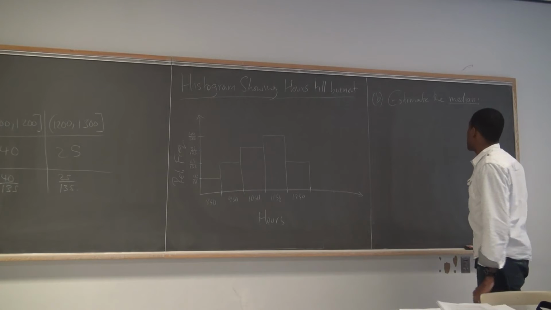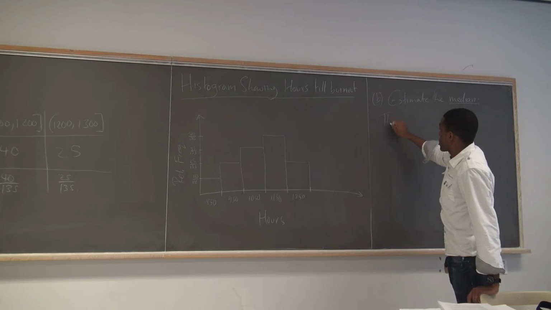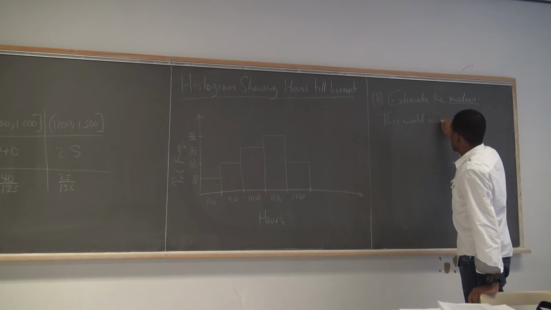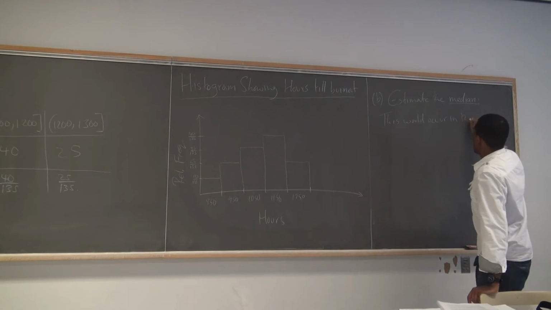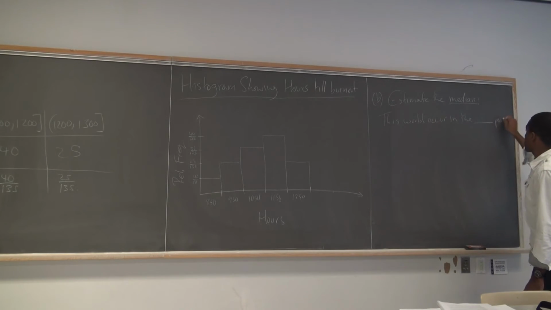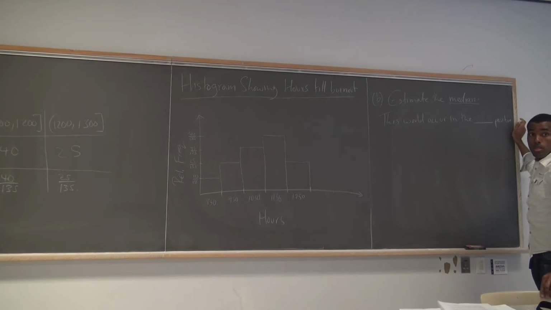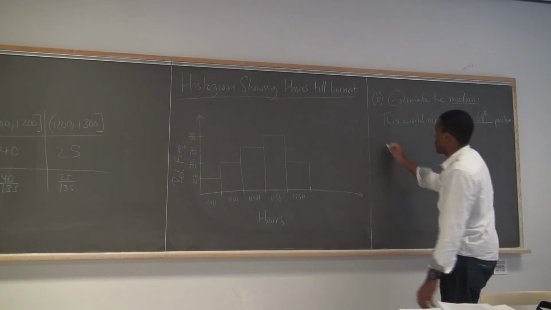What position would the median be in? We have 135 numbers in total. 67.5. Right, so 67.5, let's say it's 68. So we have to figure out the 68th number.